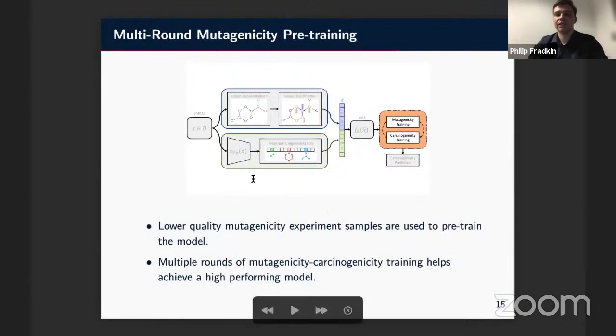And then finally, we train this representation using multi-round mutagenicity pre-training. As I mentioned in the introduction, these lower quality mutagenicity experiments are more abundant, and we use them to pre-train the model. And we actually find that multiple rounds of mutagenicity and carcinogenicity training helps achieve a higher performing model.